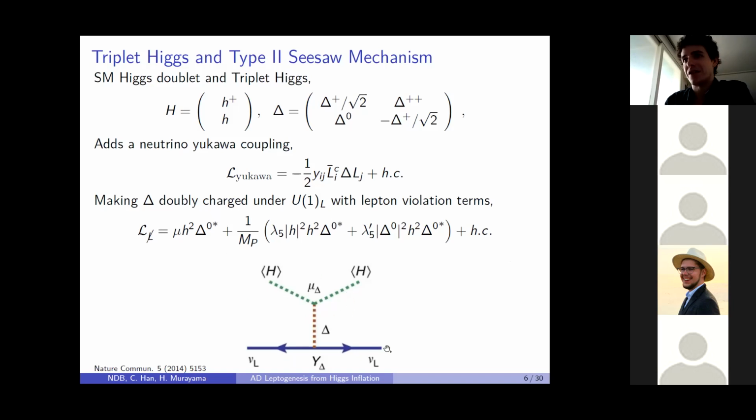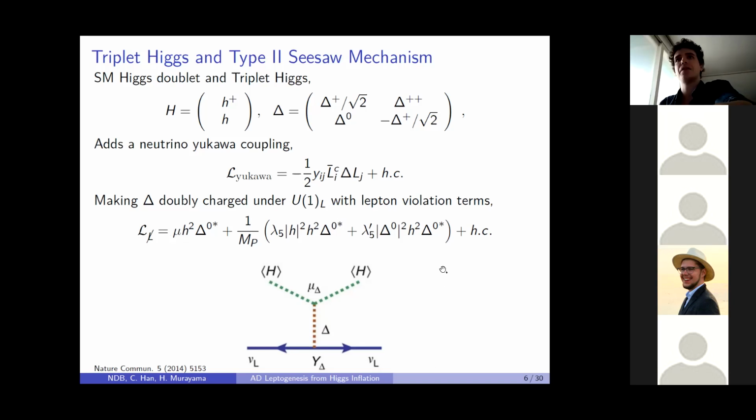Here is a pictorial representation of how you generate the mass of the neutrino, and it's related to this coupling here as well as this coupling here. As I said, we're also going to introduce this high dimensional term, which you could construct from this.